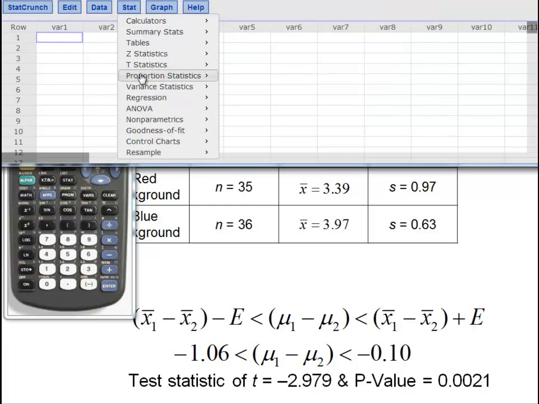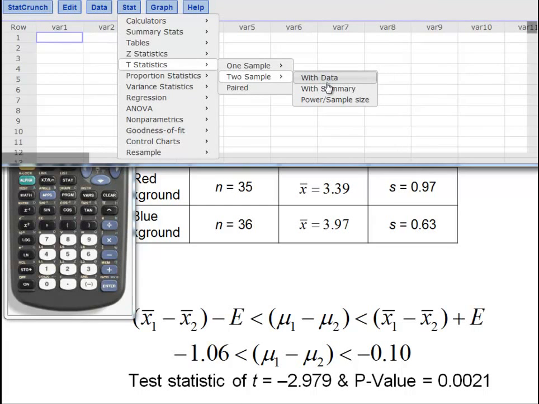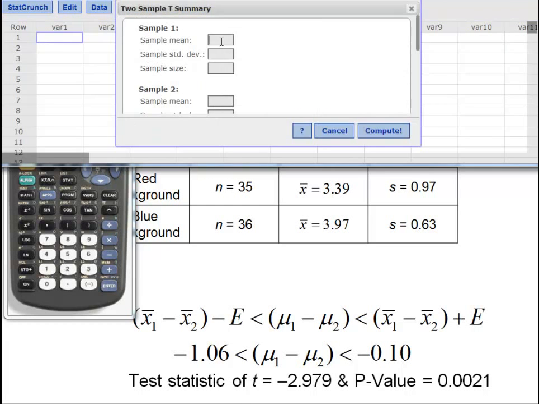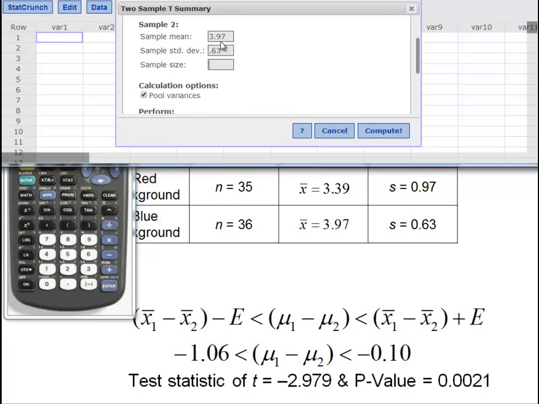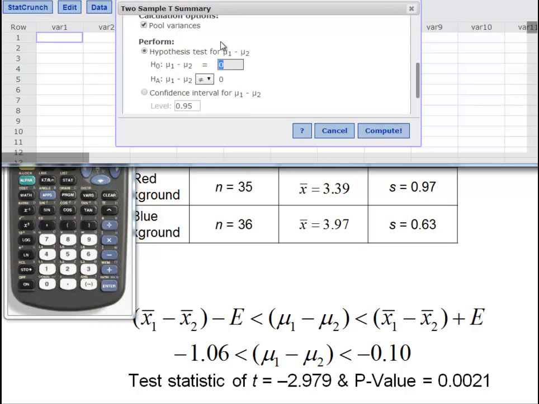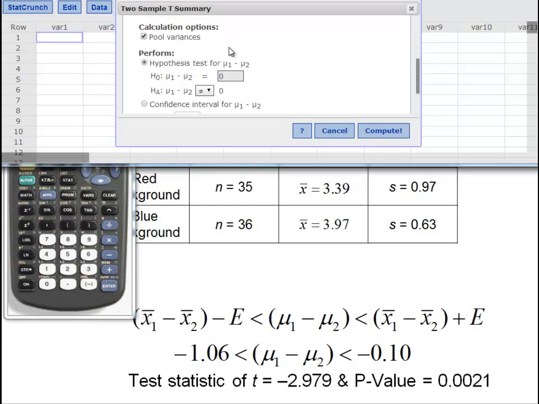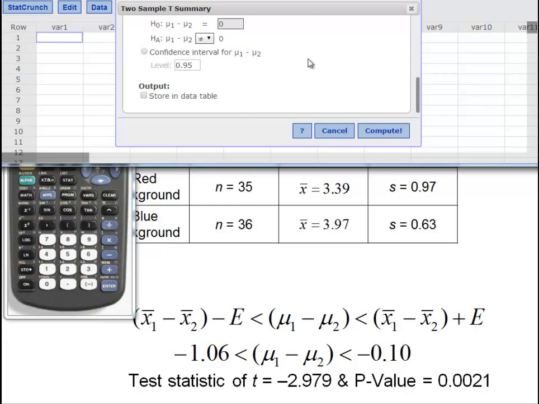We want to do confidence intervals. Again, t-statistics, two samples, with summary. Got to put all this stuff back in, unfortunately: 3.39, 0.97, 35, 3.97, 0.63, 36. Again, we don't want to pool our variances.